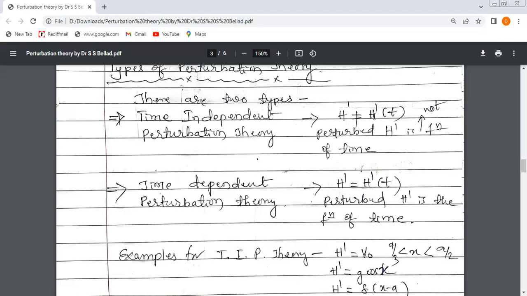If this H dash is independent of time, then it is called time-independent perturbation theory.